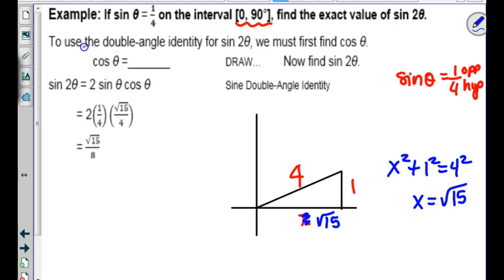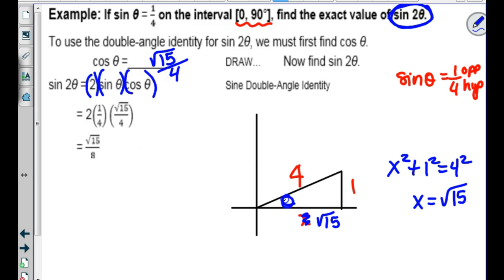Now, what did we find out was the cosine? Of this particular picture, the cosine is simply adjacent over hypotenuse, or square root of 15 over 4. Now it asks us to find sine of 2 theta. That's the one you should memorize, hopefully. I'm not going to take your sheet away from you, but the sine of 2 theta is 2 times the sine of theta times the cosine of theta.